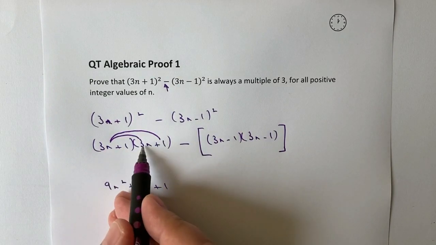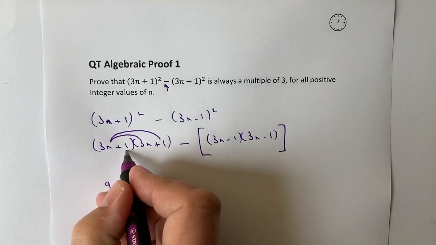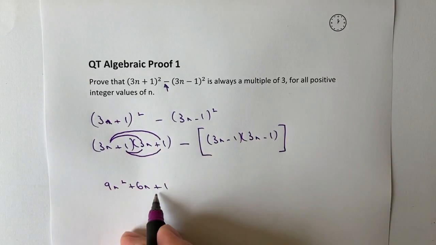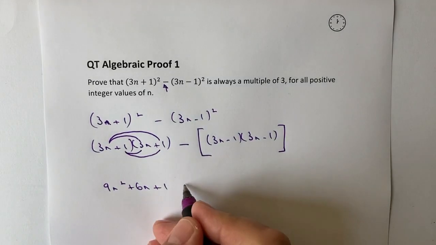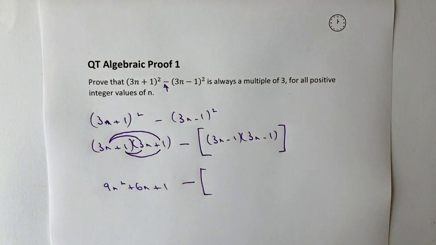So 3n times 3n is 9n squared, plus 3n, and then plus another 3n gives me my 6n, and then 1 times 1 will give me 1. I know other people might use some sort of partitioning method, but that would be the way I would personally do it.